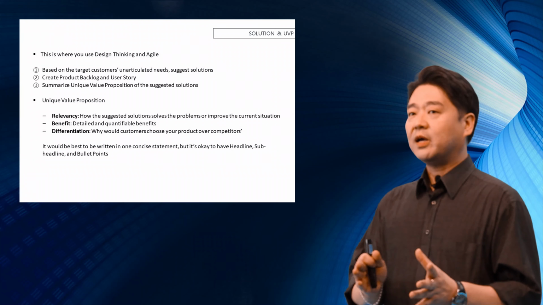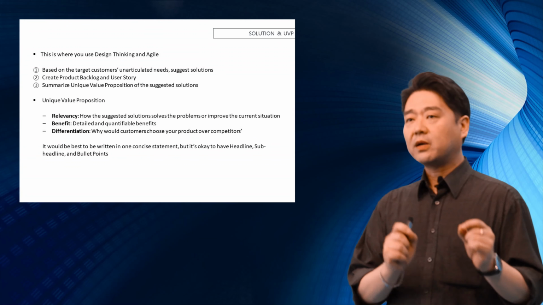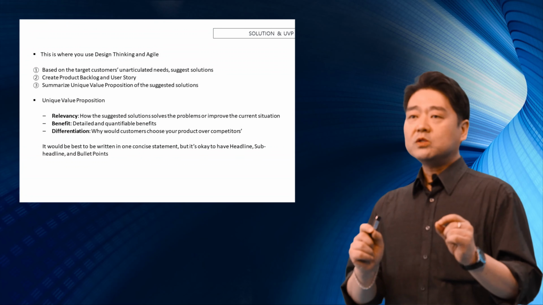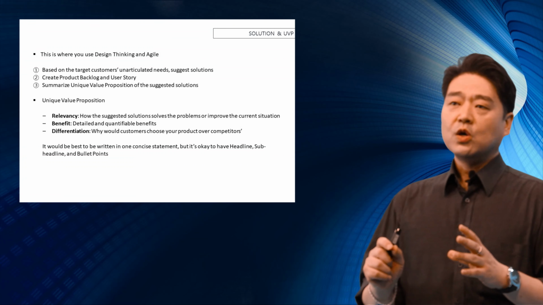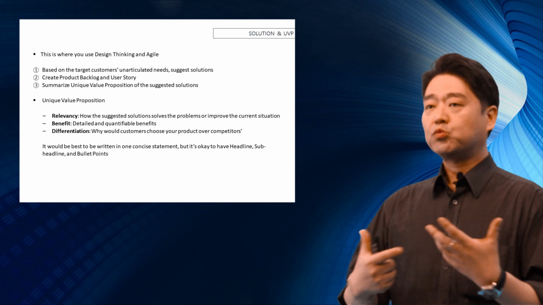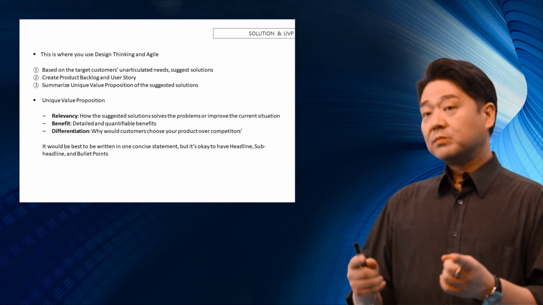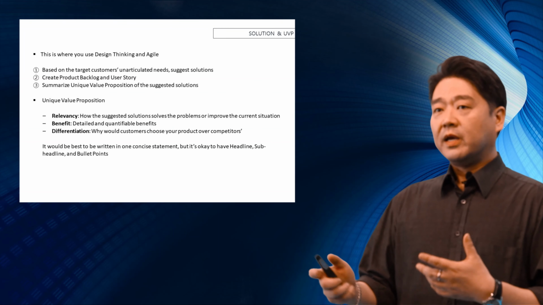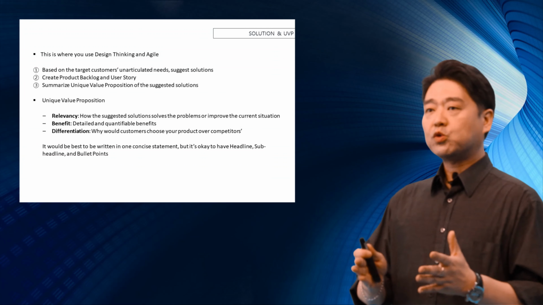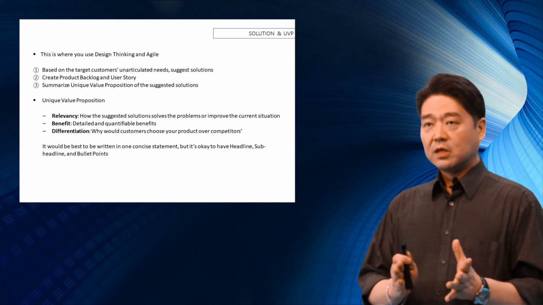And at the same time, we will create a product backlog and user stories, which we will talk about in Agile. The reason for that is we need to manage this project, or as Agile calls it, sprint, more effectively. And at the same time, we summarize a unique value proposition of the suggested solutions.